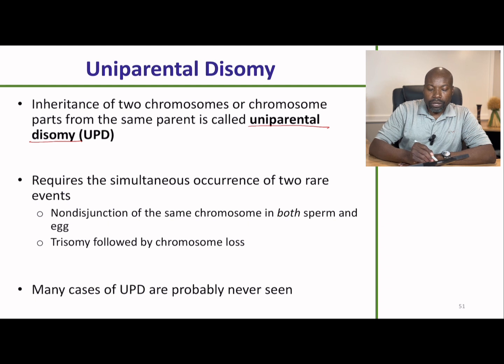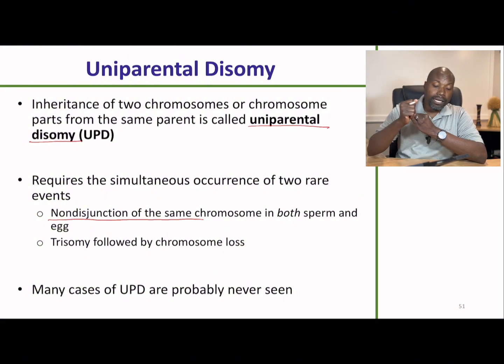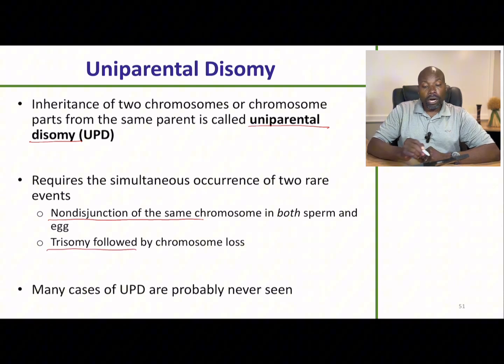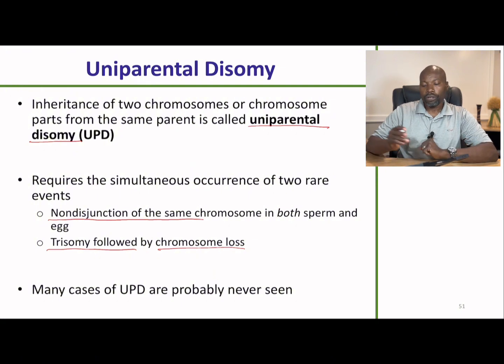So here, non-disjunction can occur, right? In a sperm cell, it can occur in an egg cell, okay? We can have trisomy or loss of the chromosome. In any case, you're receiving double dose from mom or double dose from dad, right?